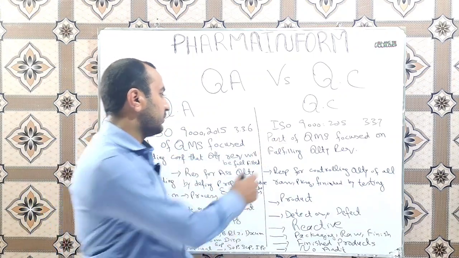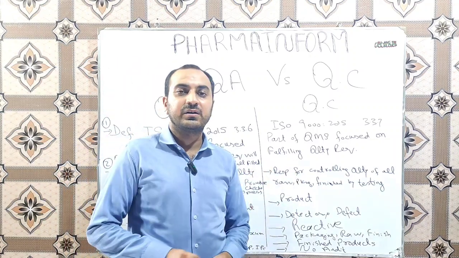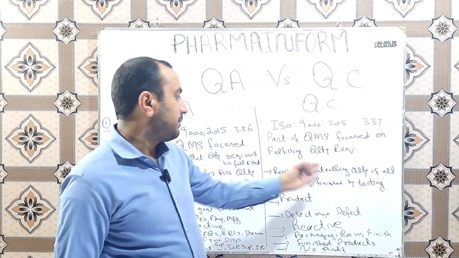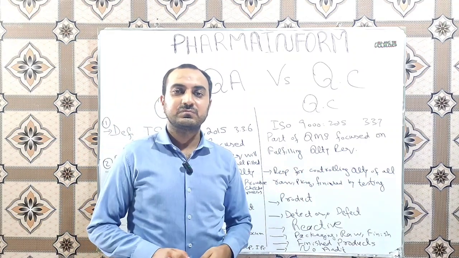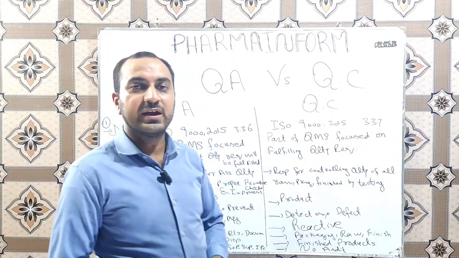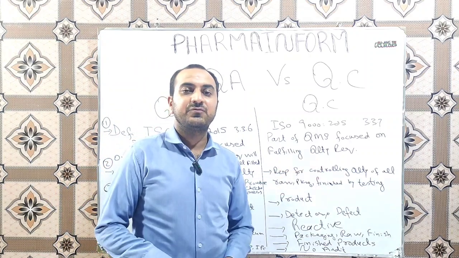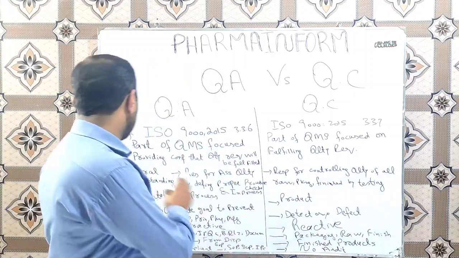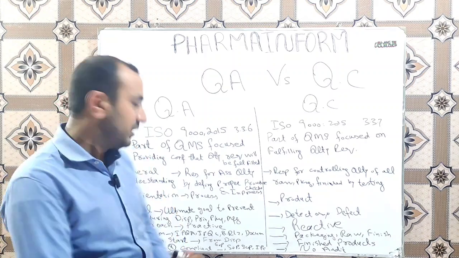Quality control is responsible for controlling the quality of all the raw materials including excipients, active pharmaceutical ingredients, packaging materials and finished products by testing. Mean, quality control performs tests to ensure that our raw materials, APIs, packaging materials and finished products have the desired level of quality.